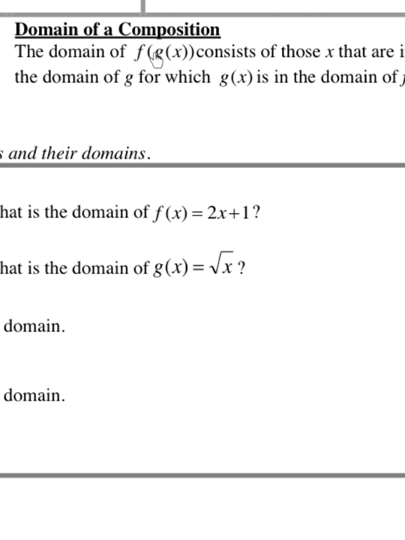So we have to check for any domain restrictions within our functions before we actually make a composition of them, because these different domain restrictions are going to affect both of the functions when we do the composition. That's basically all this means right here.